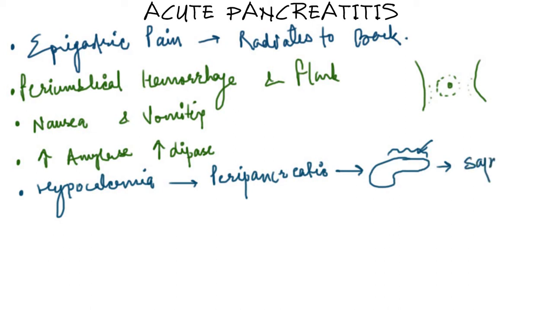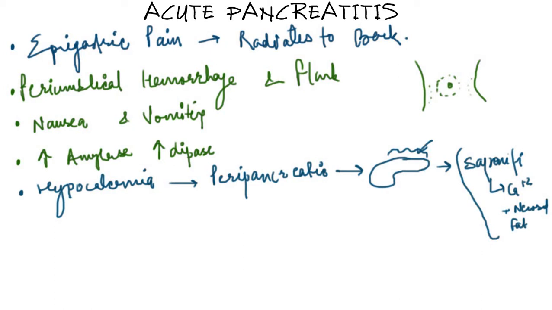In this process, the calcium reacts with the necrosed fat, and since the calcium is consumed, it leads to hypocalcemia. So this is all about the causes and the clinical features of acute pancreatitis.